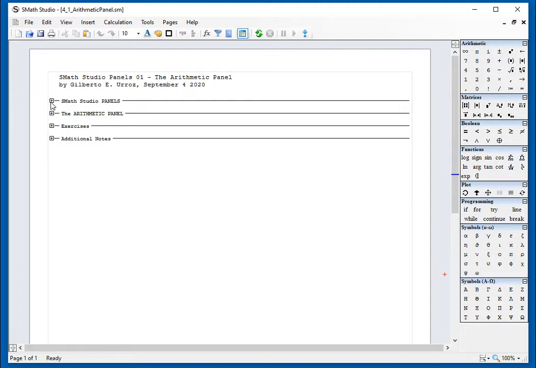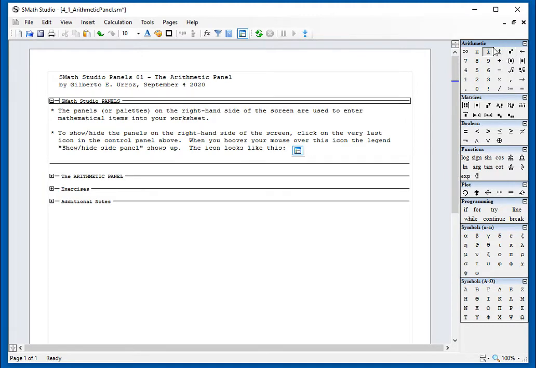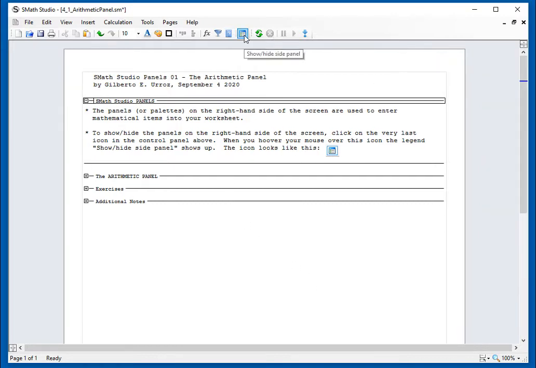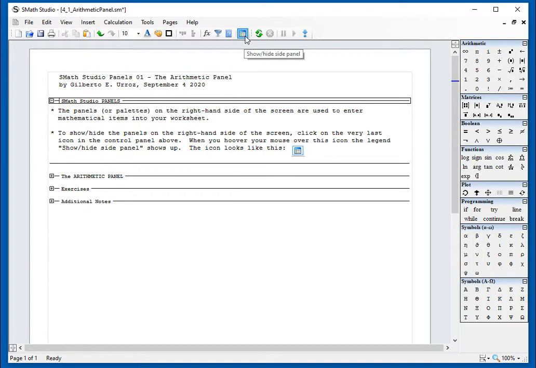So those panels include arithmetic, matrices, Boolean, functions, plot, programming, symbols, which is the Greek characters in lowercase, and another one in symbols, which is the Greek characters in uppercase. And they all can be hidden or shown by clicking this particular button.